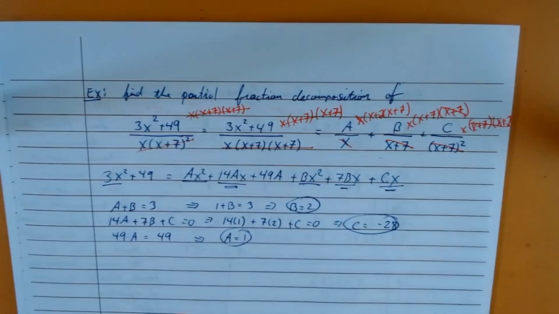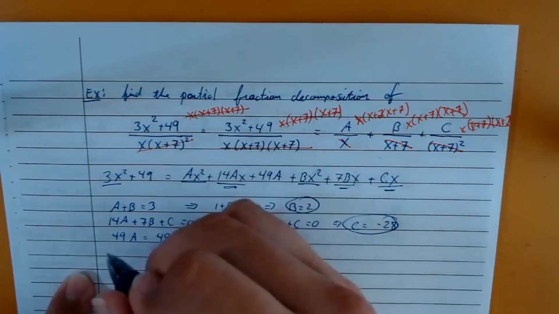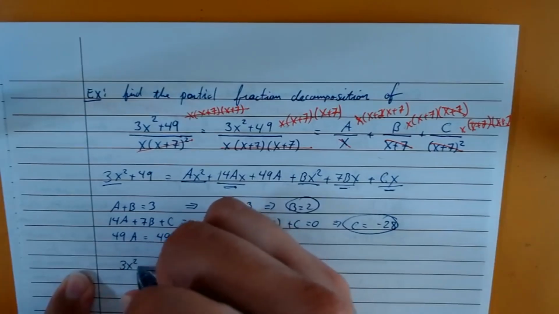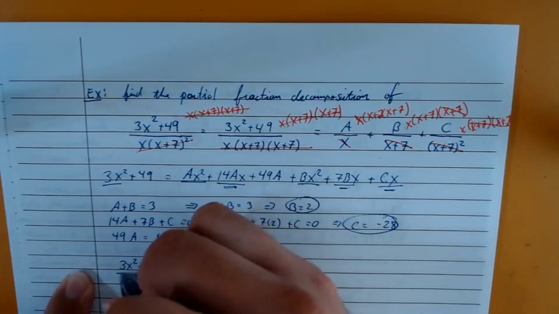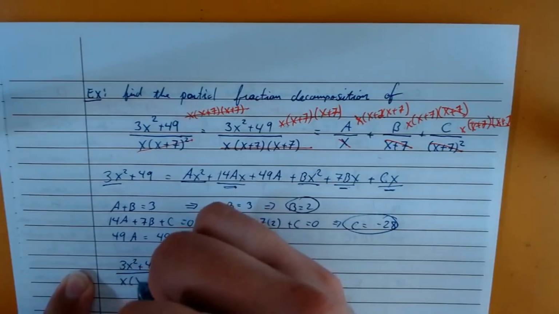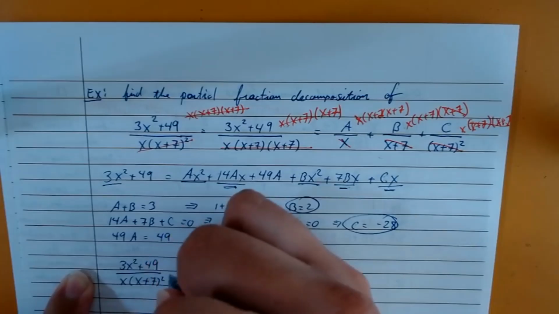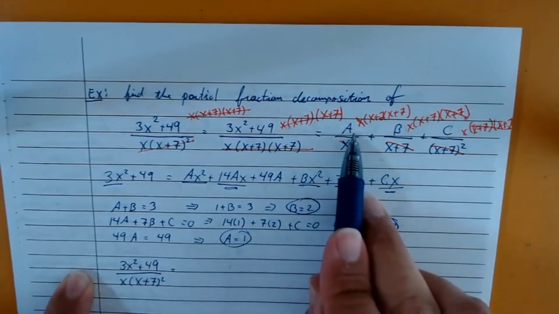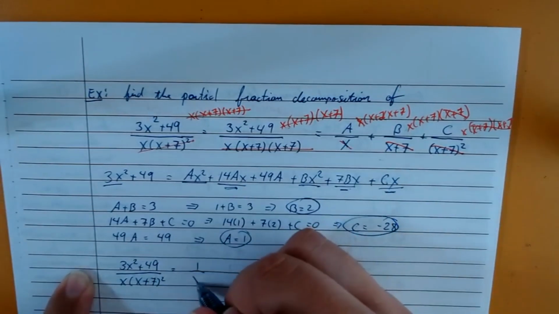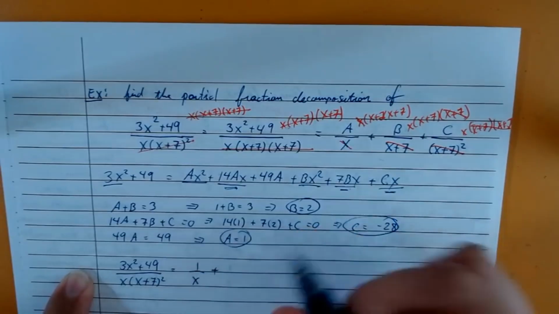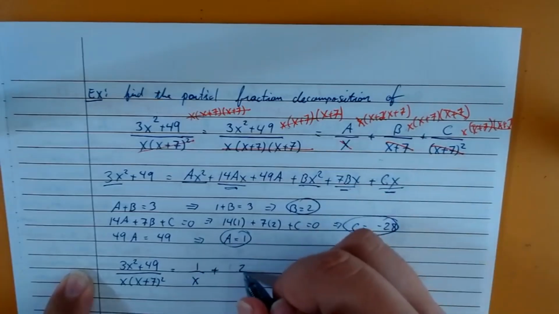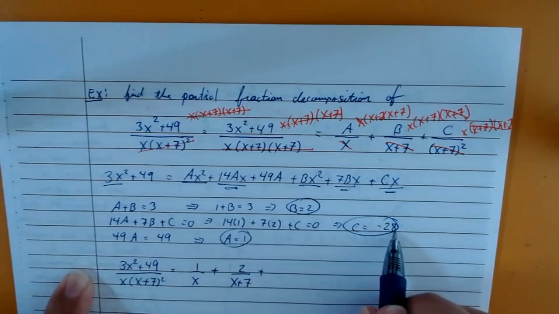And so that gives us our result. Here our expression 3x squared plus 49 over x times x plus 7 squared is equal to a, which is 1 over x, plus b, which is 2 over x plus 7, plus c, which is negative 28.